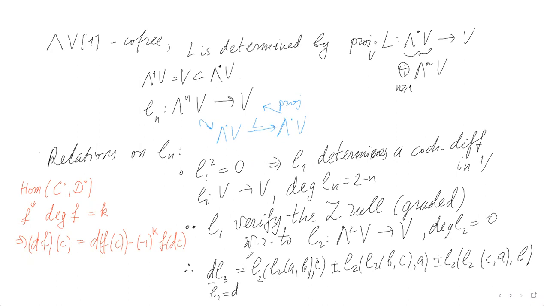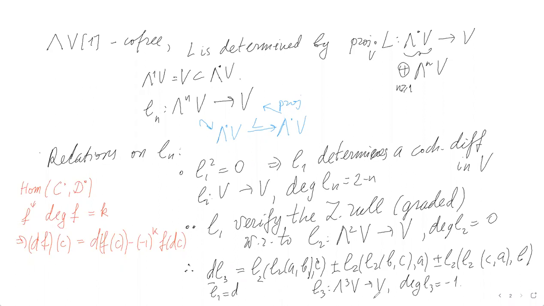So it means that even though L2 need not verify the Jacobi identity on the nose, still on the level of cohomology, L2 induces a well-defined bracket which verifies the Jacobi identity, or rather the graded Jacobi identity. And that is, the defect of L2 in the Jacobi identity is taken care of by the map L3. The map L3 is, as you can clearly see, the map from lambda 3 of V into V of degree -1.